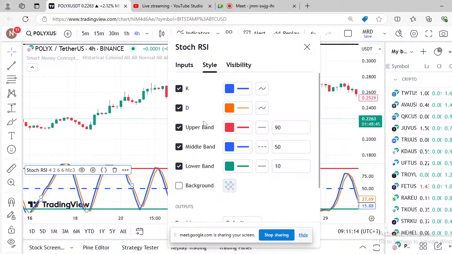You get the point? So here, when you put K and you make it blue, you should be knowing which one is blue. When you go to D and you make it orange, you should be knowing between blue and orange which one is fast.